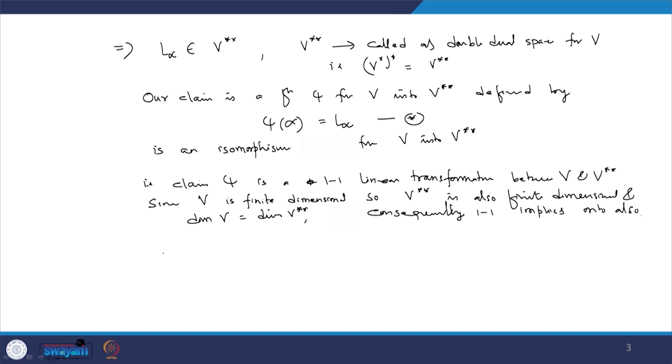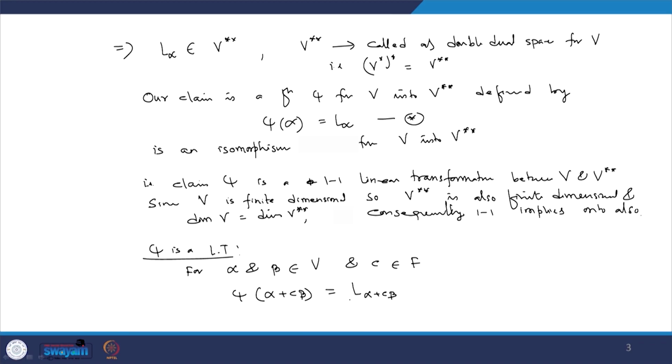So, let us see how psi is a linear transformation. For alpha and beta belongs to V and c belongs to capital F, we have psi of alpha plus c beta equal to L of alpha plus c beta.